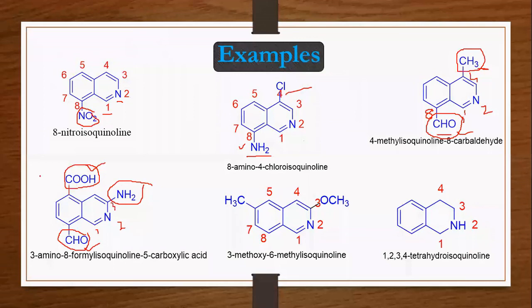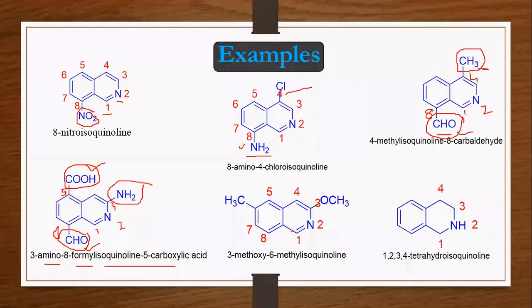Here is 3, here is 4, and here is 8. The IUPAC name of this molecule is 3-amino 8-formyl. Now, due to the presence of the COOH group, this CHO becomes a substituent and hence it appears as a prefix. It is 3-amino 8-formylisoquinoline, sorry, it is 5, isoquinoline carboxylic acid.